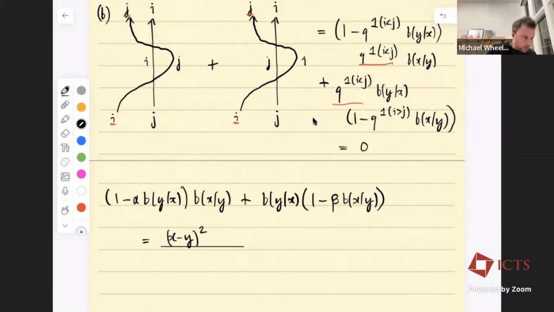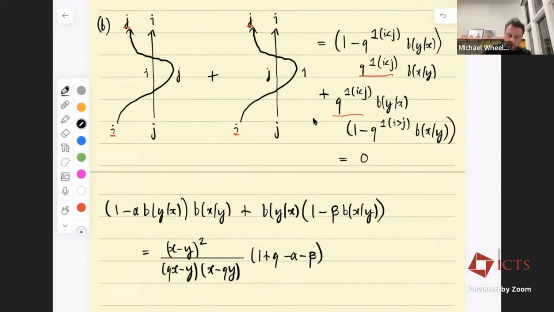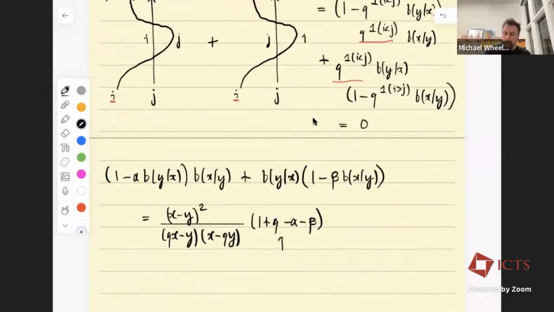So all of these factors are the same, actually. But what changes is you now get 1 plus q minus alpha minus beta. And so indeed, alpha and beta are either of the form 1, q or q, 1. And in both cases, this is going to vanish.